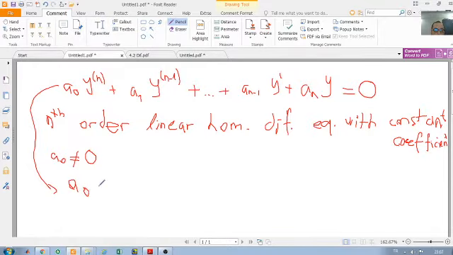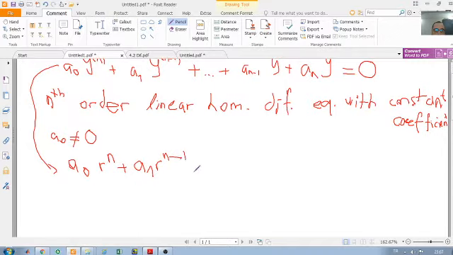So the degree of the characteristic polynomial will also be n, by writing r to the power n plus a1 r to the power n minus 1 plus a2 r to the power n minus 2, and so on.